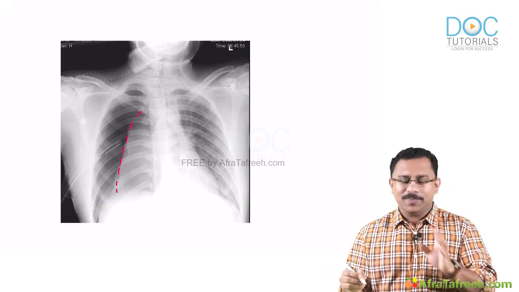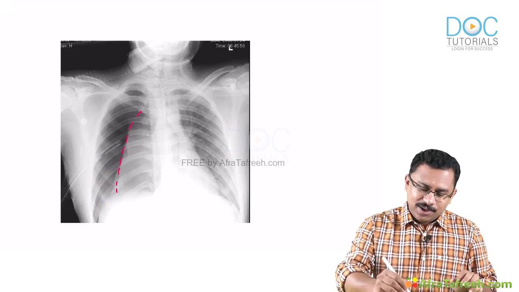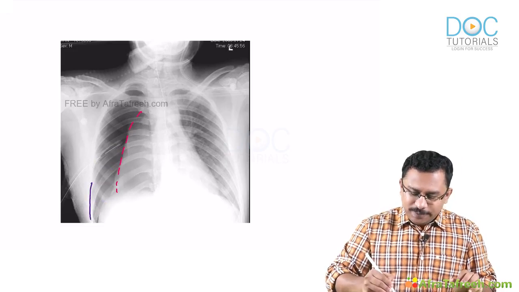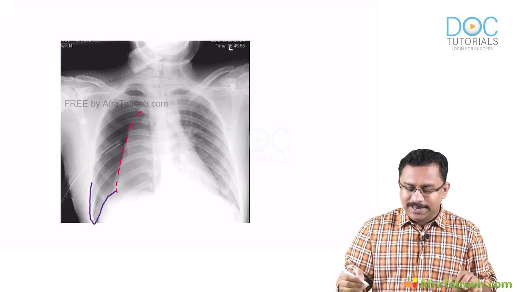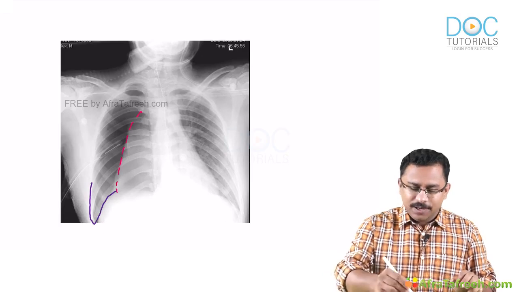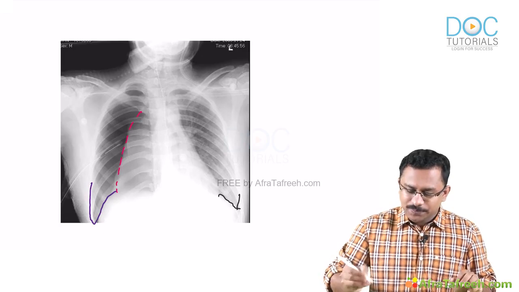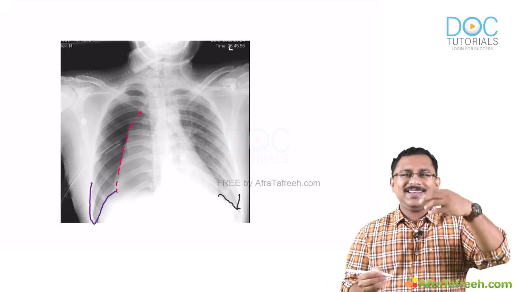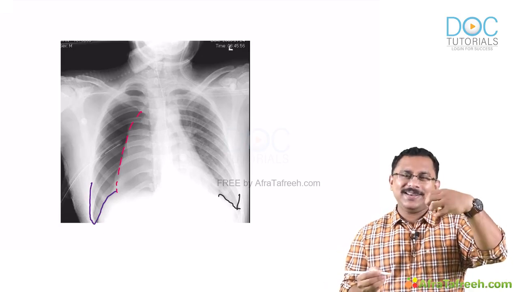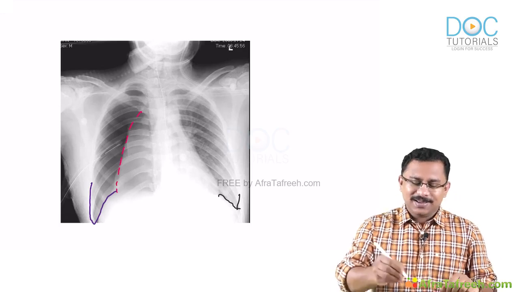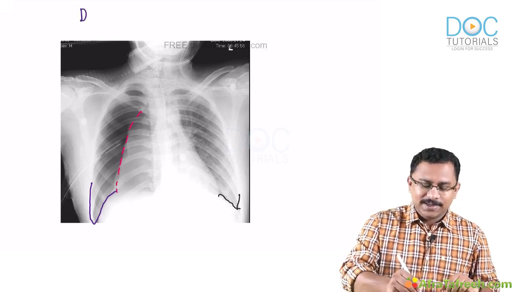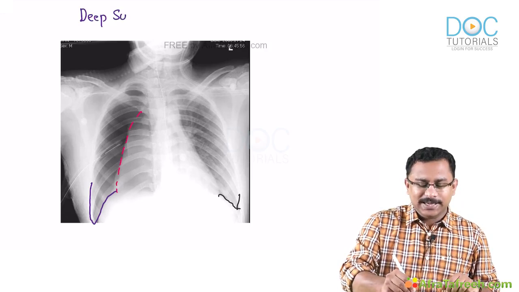But are you able to appreciate that the costophrenic angle appears very deep on the side of your pneumothorax compared to the other side? Yes or no? On the right side, the costophrenic angle appears very deep, and this is referred to as a deep sulcus sign.